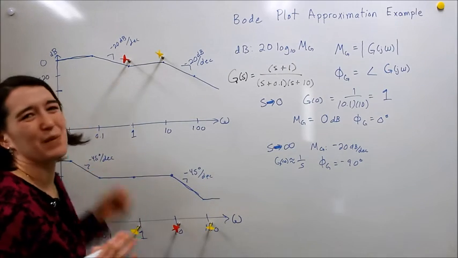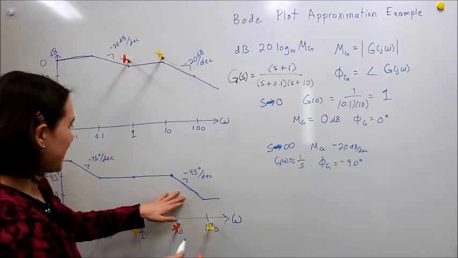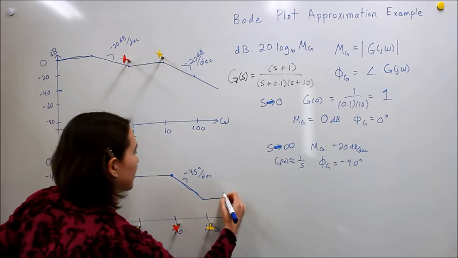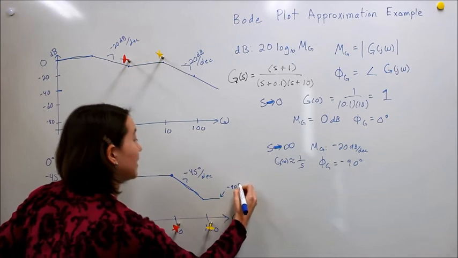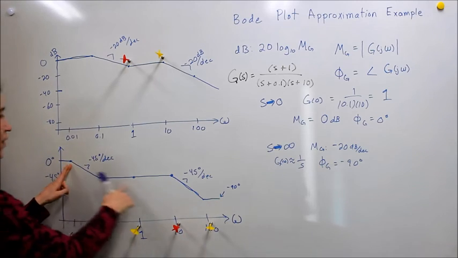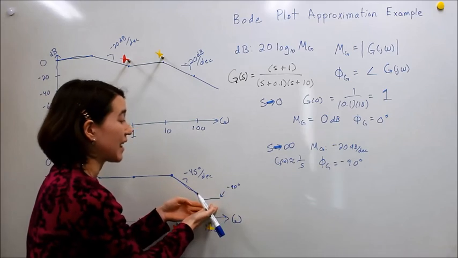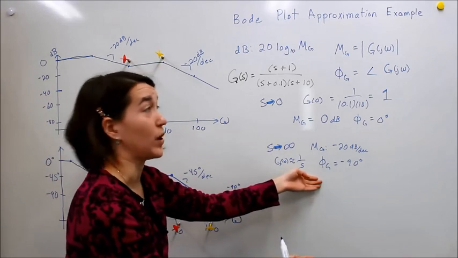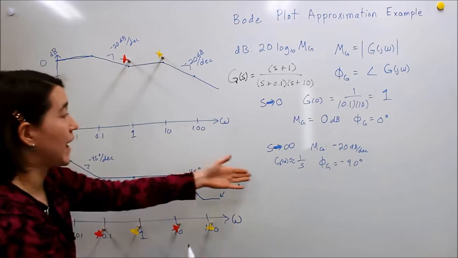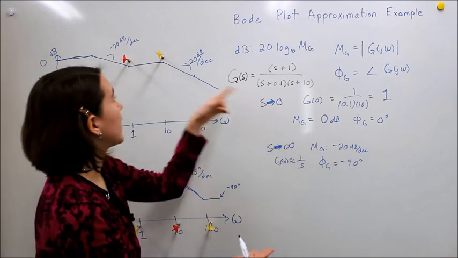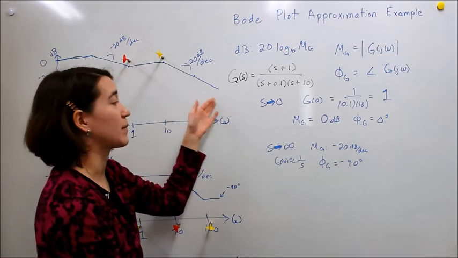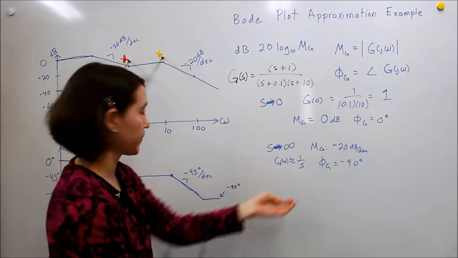It's good to label them so that people know what the rate is. And then this one we end at, and just to clarify, this would be negative 90. So the addition of all these rates of angles should be the same, but we also already calculated that we need to end at negative 90, so we know our ending point here. Okay? And just to double check, we ended with a negative 20 dB per decade, which is what we expected as we go to infinity.